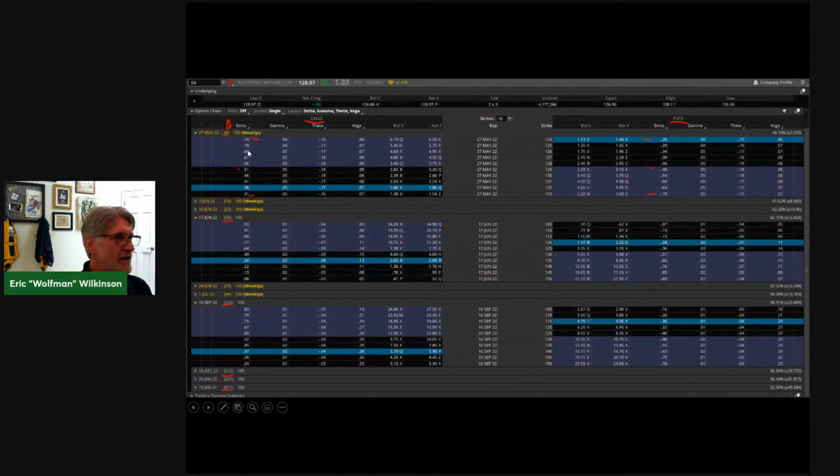But delta affects the deeper in the money options more, and it will affect the rate of change of those options. And then, like I said, on the $2 move, gamma goes with delta across the board. Gamma would go to its respective delta on that $2.